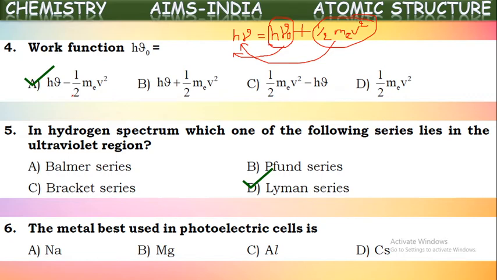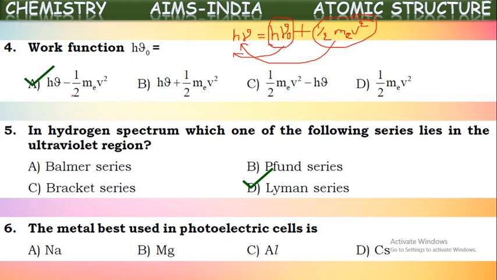The metal best used in photoelectric cells is, yes, generally the photoelectric effect is nothing but the ejection of electrons when a photon of light is passed onto the metal surface. So the metal which has less ionization energy can show this photoelectric effect very effectively. We know the first group elements of the periodic table are also called alkali metals. They have greater sizes. As the size is more, their ionization energies are very low.